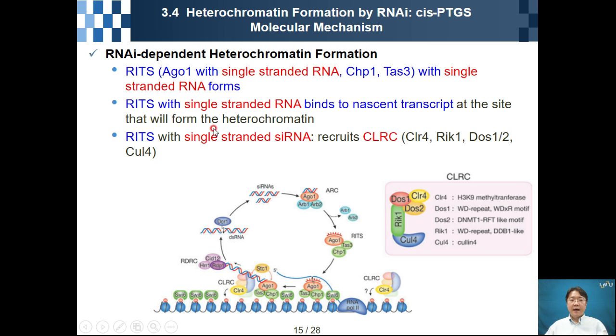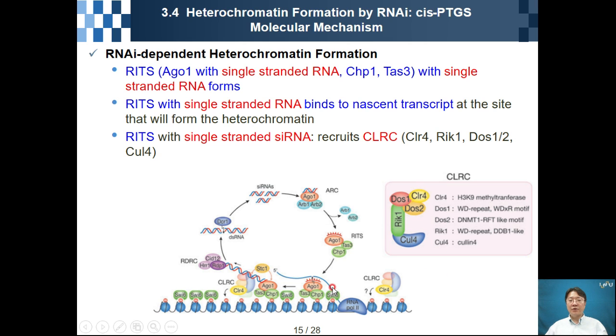This RITS with single-stranded RNA binds to the nascent transcript. Nascent transcript means a newly generated transcript. This transcript is synthesized by RNA polymerase 2. This is a newly synthesized transcript. So RITS with a single-stranded RNA binds to the nascent transcript, actually at the site that will form the heterochromatin.